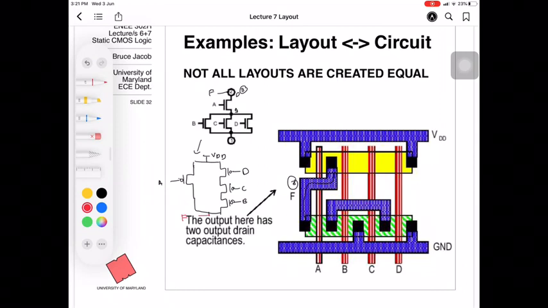Okay, so let's look at here. So A, you have the source and drain. The drain of A is connected to VDD.